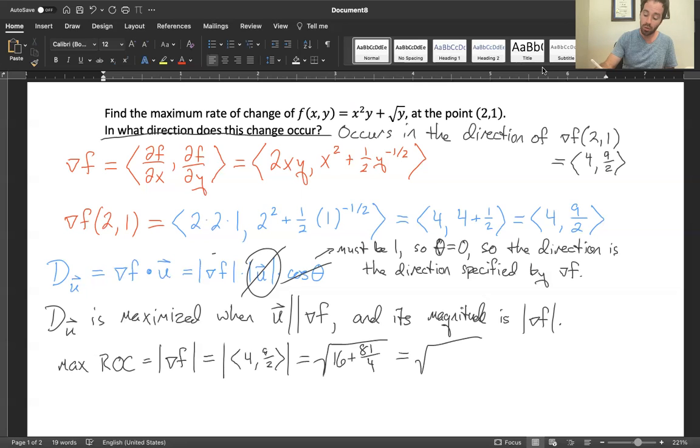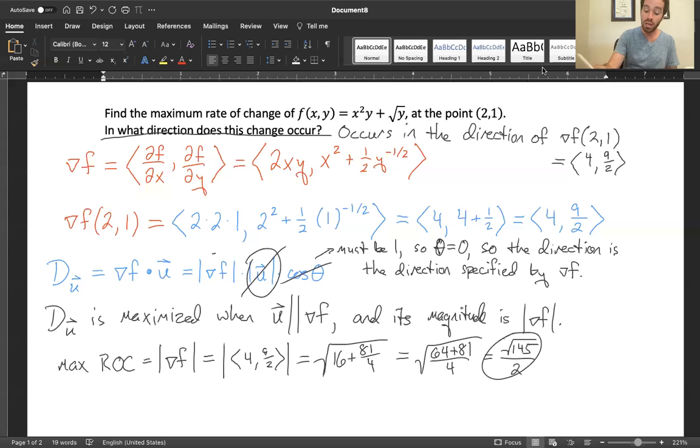So this is the square root of 64 plus 81 over 4. 64 plus 81 is 145. So this is root 145 over the square root of 4, which is 2. 145 does not simplify because the only things that come out of it are 5 and 29. Neither one of those are squares. So this is the final answer.